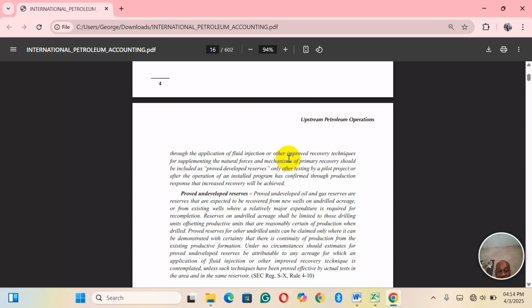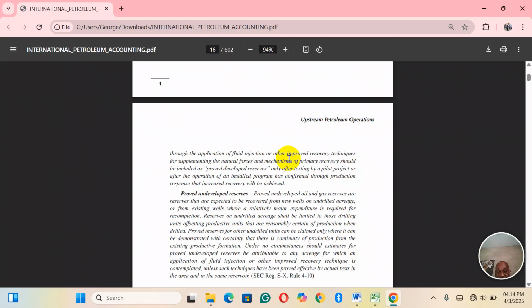Proved reserves for other undrilled units can be claimed only where it can be demonstrated with certainty that there is continuity of production from the existing productive formation.